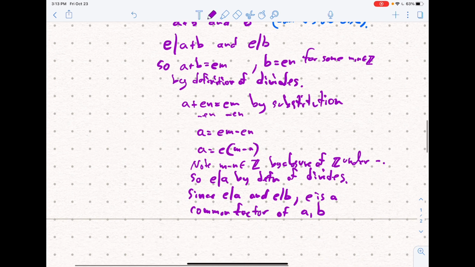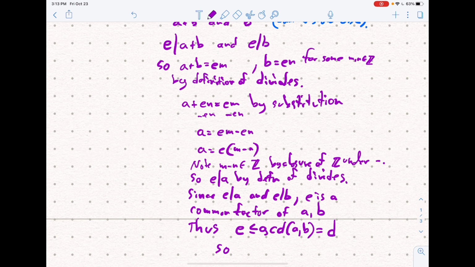Thus, E is less than or equal to the GCD of a and b, because that's just the definition of the GCD, it's greater or equal to any common factor, and that GCD is equal to D. So E is less than or equal to D.